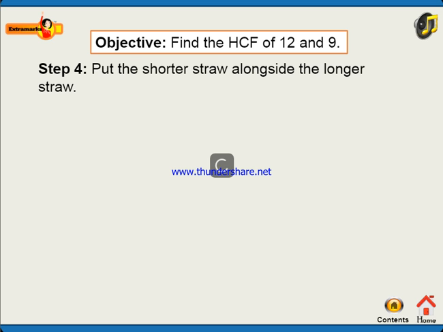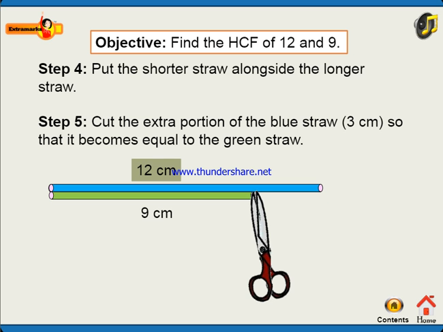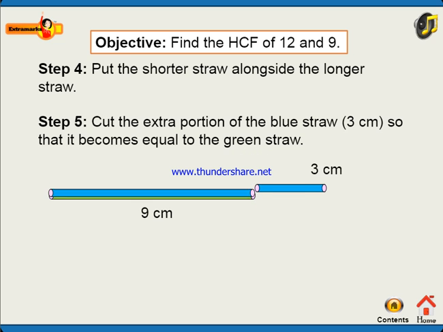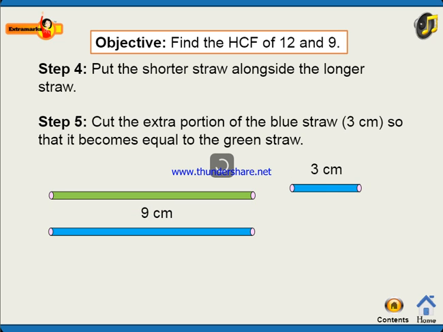Now, we put the shorter straw, which is green, alongside the longer straw, which is blue. We cut the extra portion of the blue straw, which is 3 centimeters. Now, both the straws are equal in length.